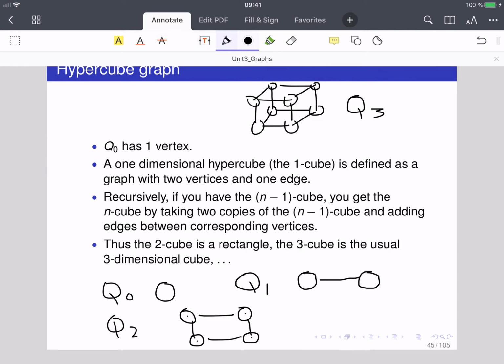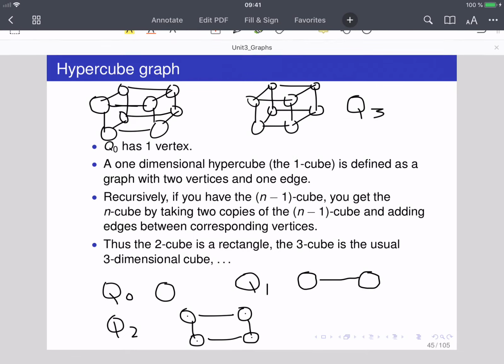Okay, if now I make two copies of the square and connect the corresponding vertices, that is exactly the way in which I drew the cubic graph of dimension 3 before. Okay, we get the connections of the different vertices of a cube in dimension 3.